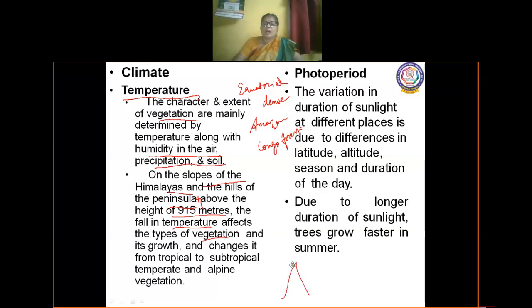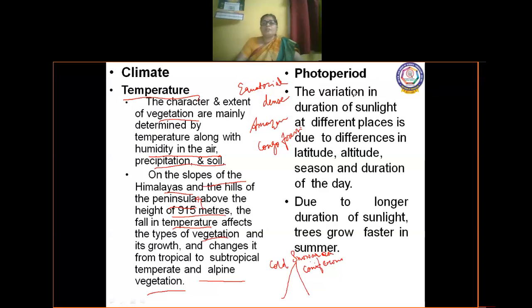It is high altitude, cold climate, so it can have an influence with trees like coniferous, in snowy areas, very high mountains, with cone-like shaped leaves. So you will have alpine vegetation.